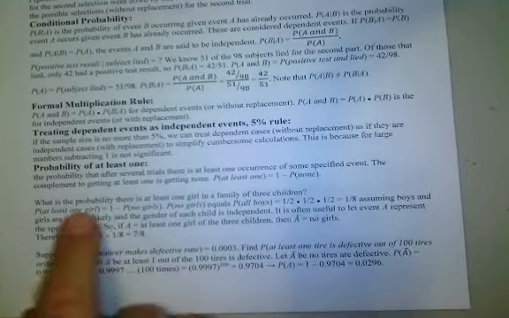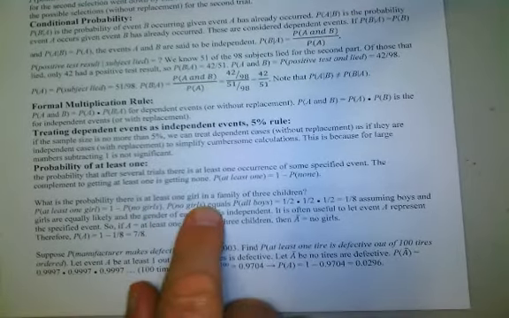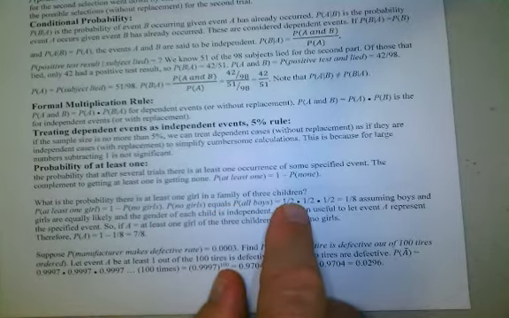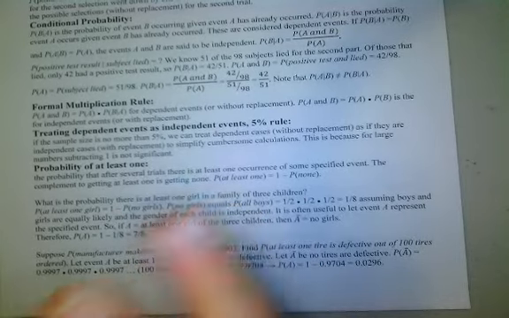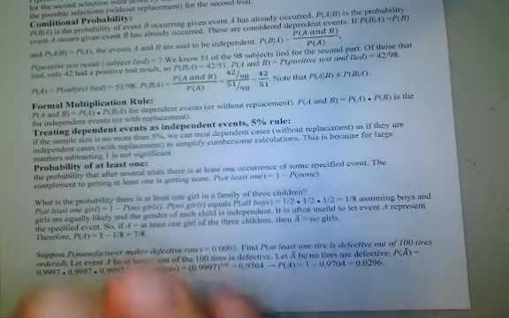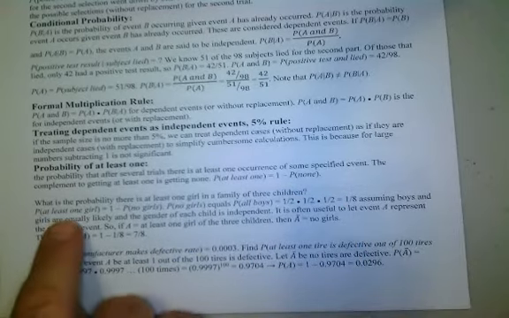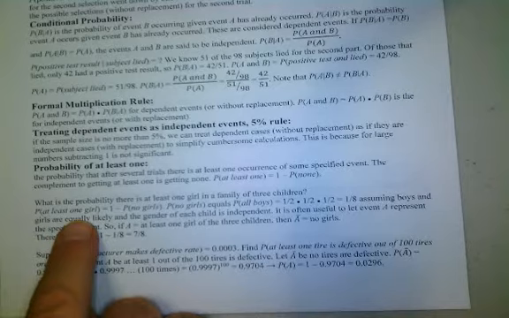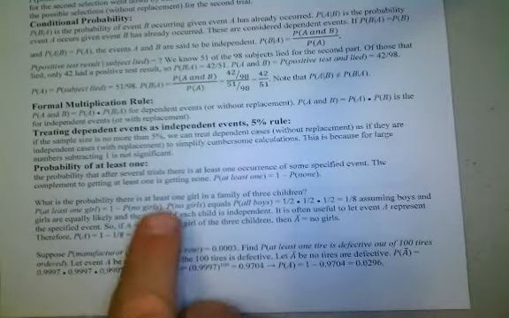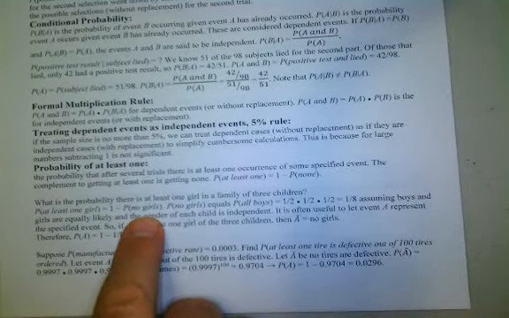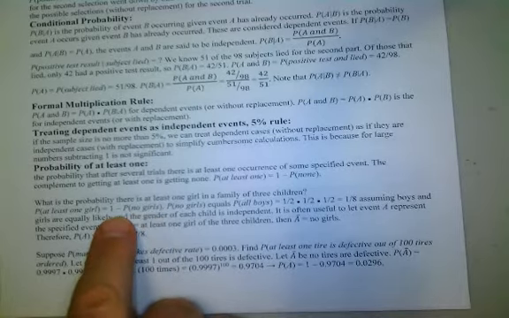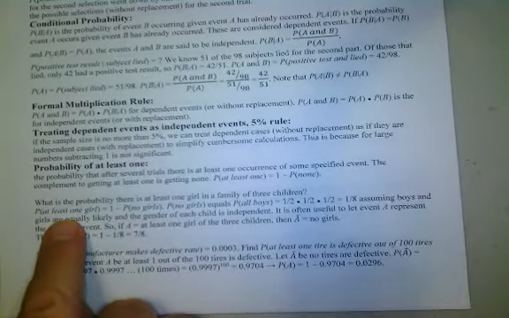For example, what is the probability there is at least one girl in a family of 3 children? Now, that would be 1 girl, 2 girls, or 3 girls. A number of different situations. But at least 1 girl is going to be the complement of no girls. So if I find no girls and subtract it from 1, that will give me the probability of at least 1 girl.